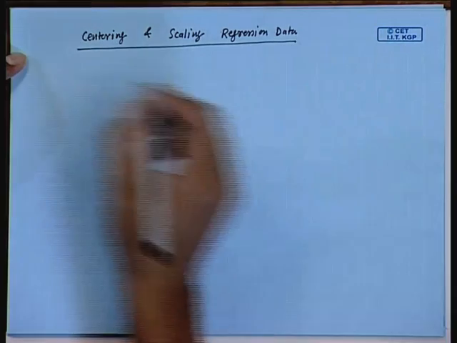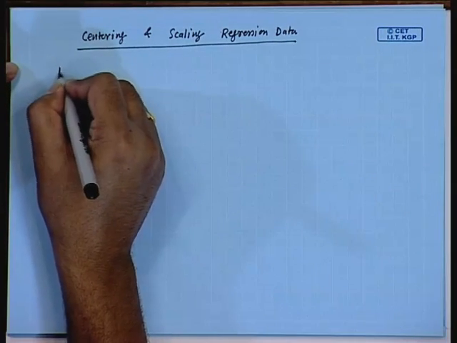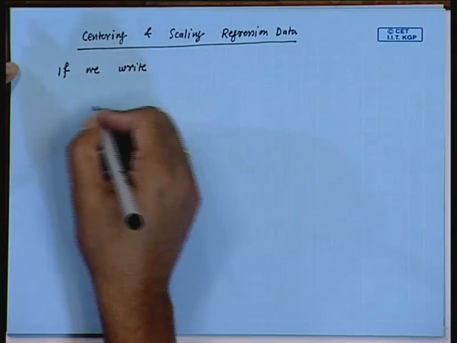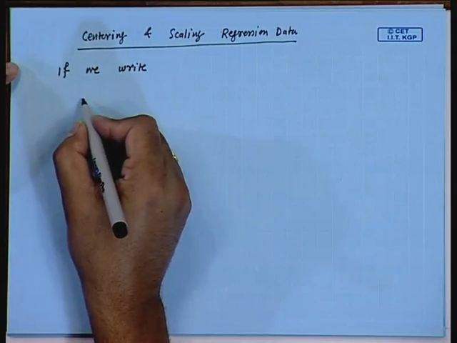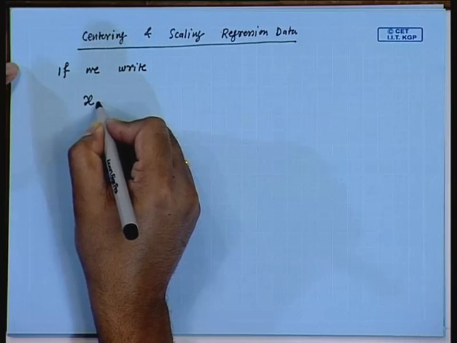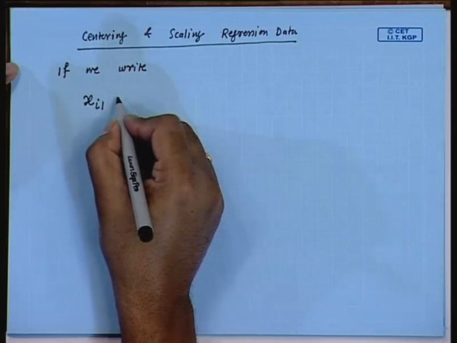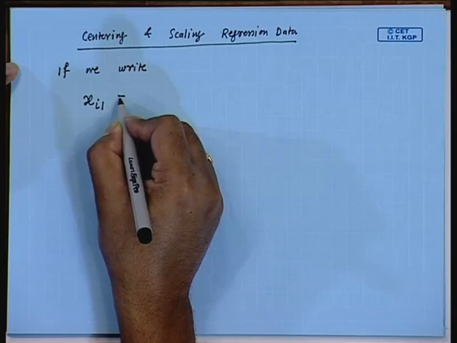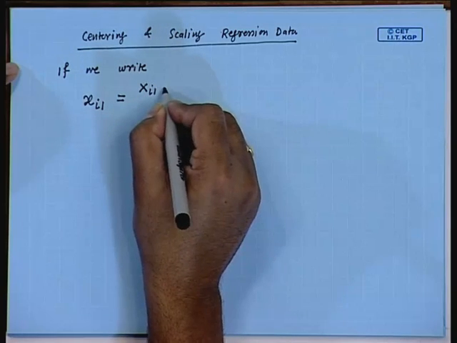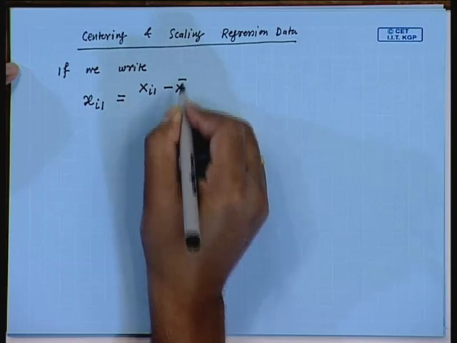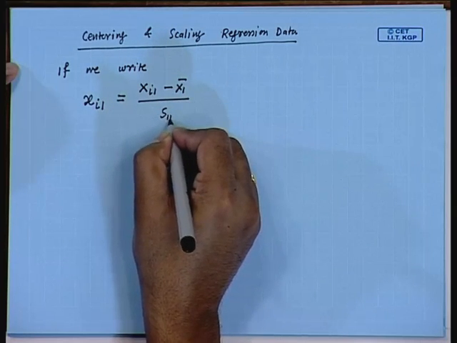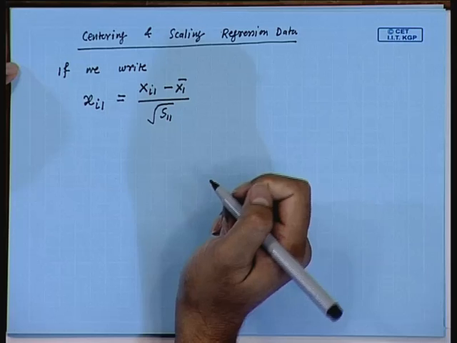So what we do is that if we replace, if we write xi1 is equal to xi1 minus x1 bar by square root of s11.